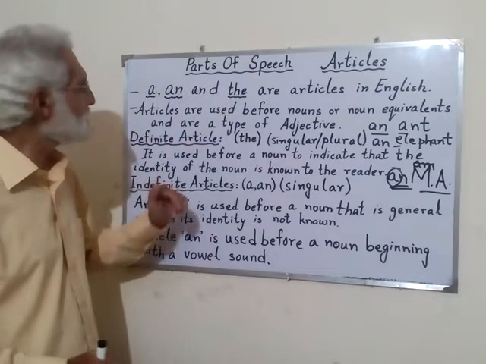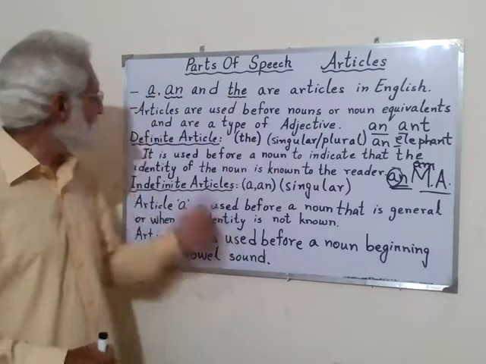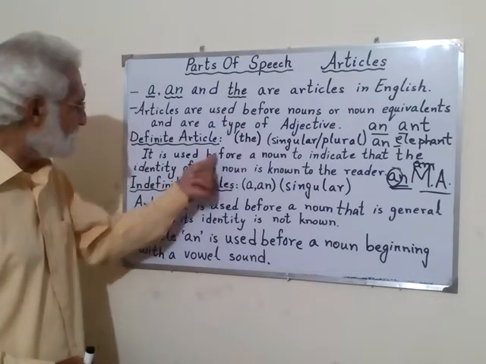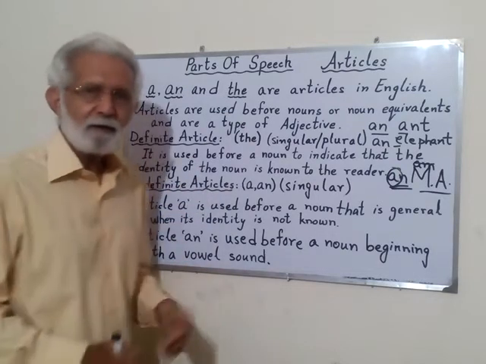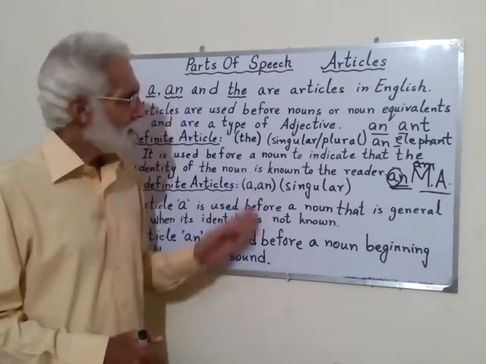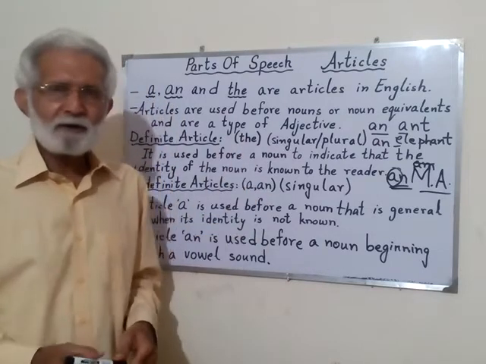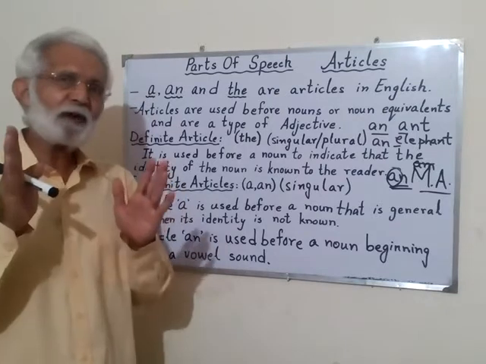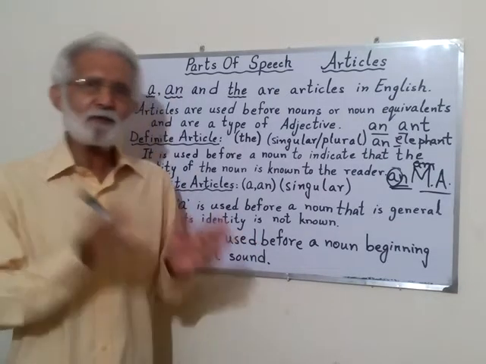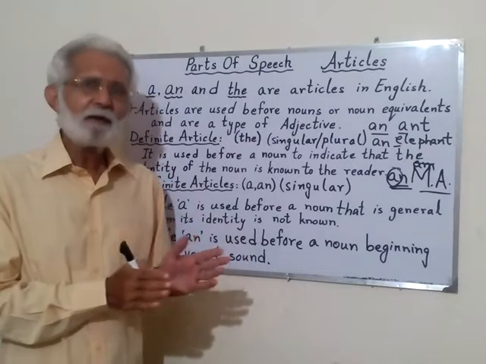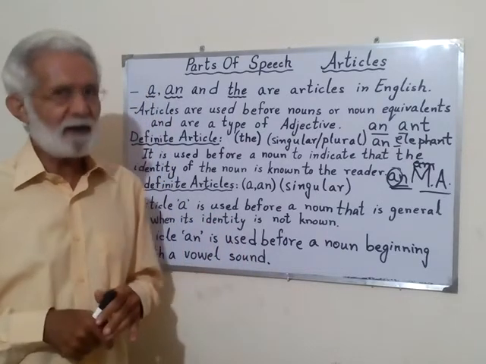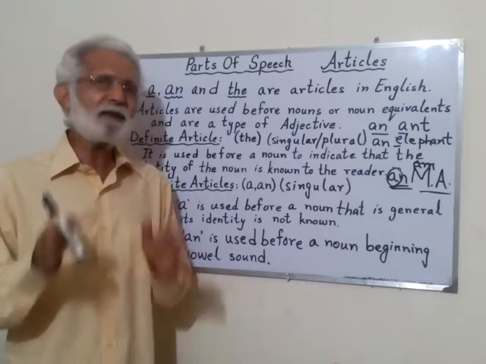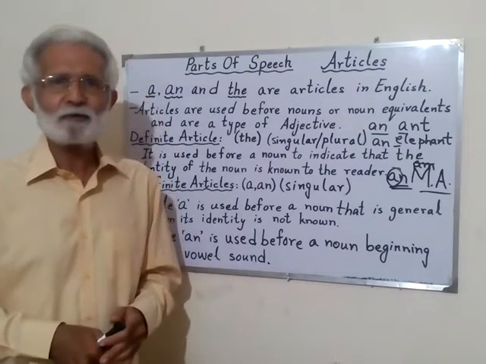They are articles, where we use articles, what are the two types of articles, and where we use the, a and an. So now I will draw a table for you, and you will watch what I am going to tell you next: what are specific and non-specific, what are countable and non-countable, and the final thing is what is the difference between singular and plural nouns.